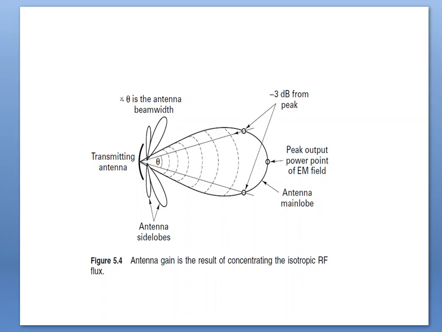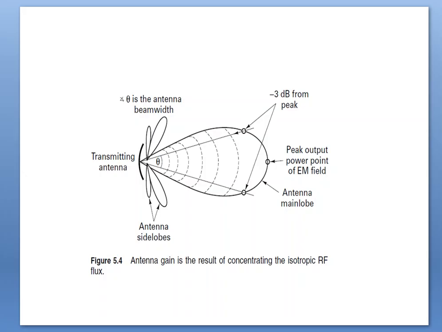If you decrease the intensity of the back lobe and side lobes, there is a proportional increase in the gain of the main lobe. Why? Because the power transmitted by the transmitting antenna is distributed among all these lobes.